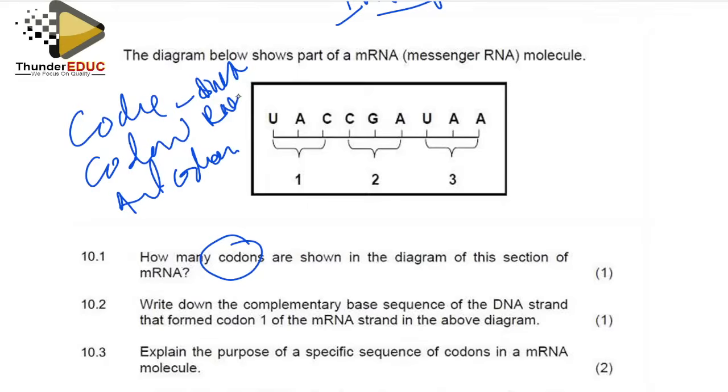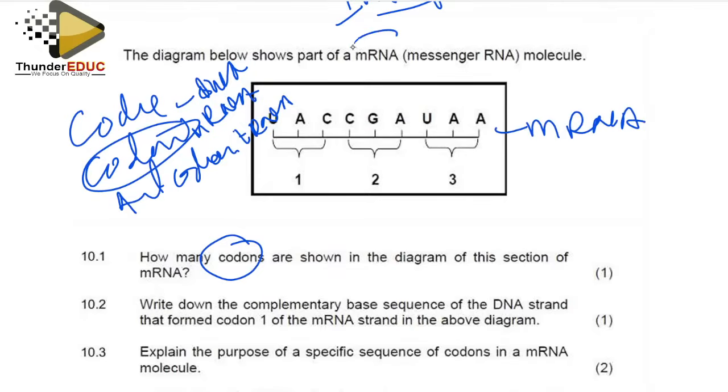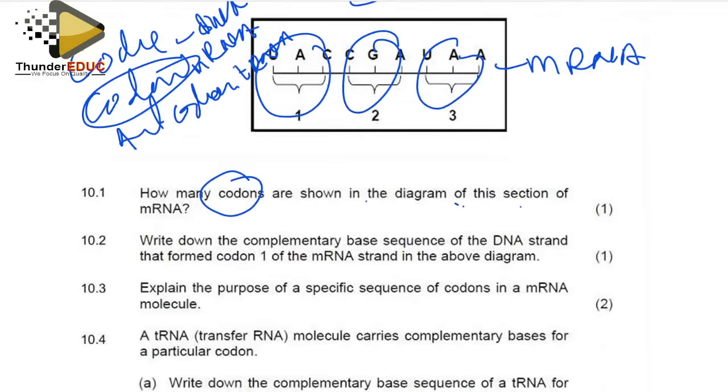This is for messenger RNA. Then this is transfer RNA. Whenever they say codon, it means that this is a messenger RNA, even if I don't read what is written up there. So how many codons show in the diagram? It's 1, it's 2, it's 3. So that is done. They're saying write down the complementary base sequence of the DNA strand from the messenger RNA.